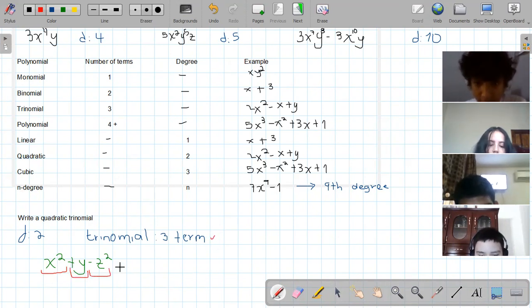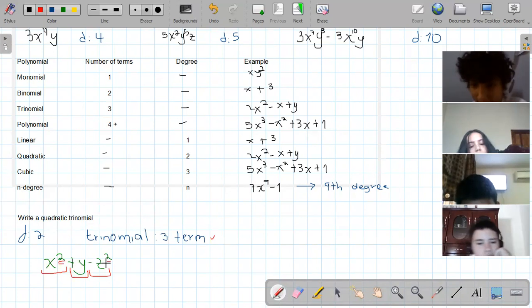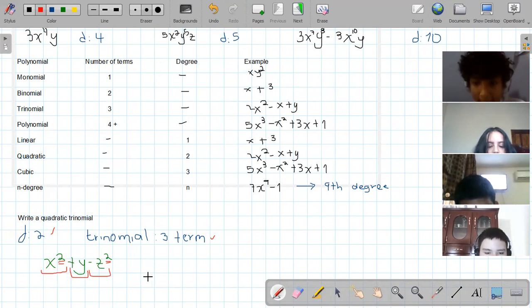And the greatest exponent is 2. Can it be repeated? Yeah, so I have here the greatest exponent, 2. It doesn't matter if it's repeated, but there's no greater exponent. So it is degree 2. That would be my quadratic trinomial: 3 terms and the greatest degree 2.